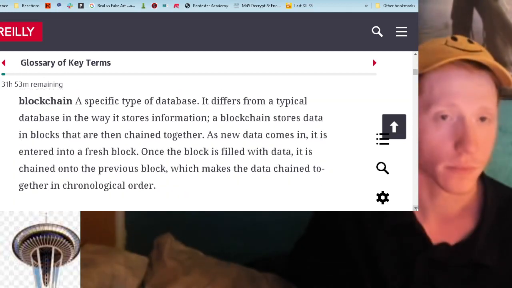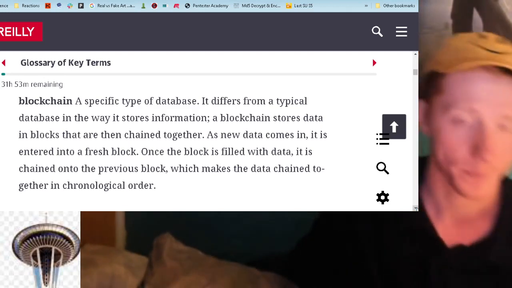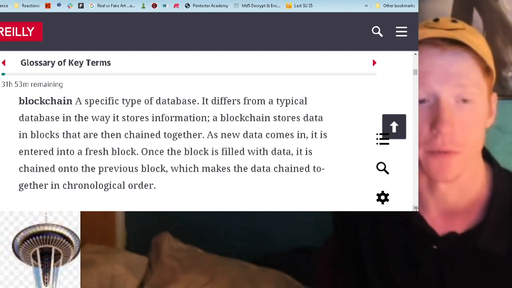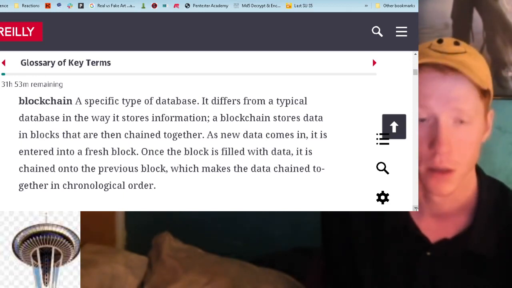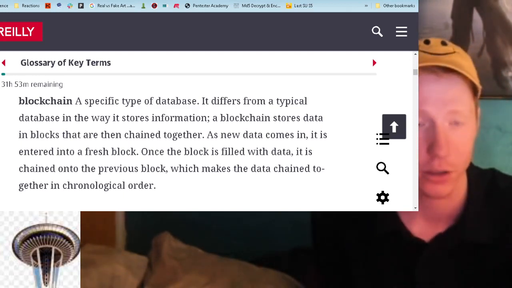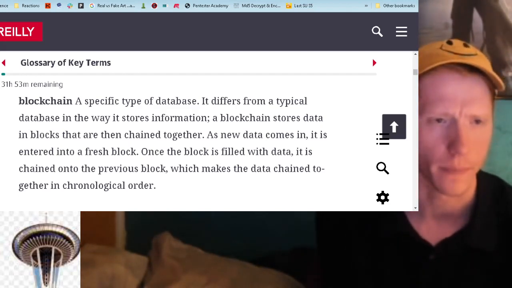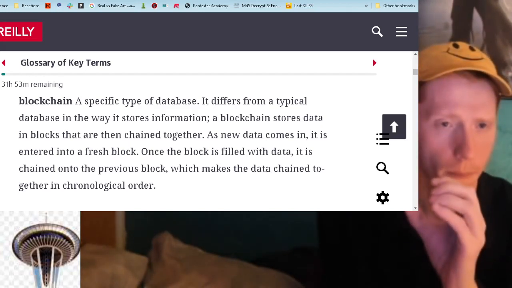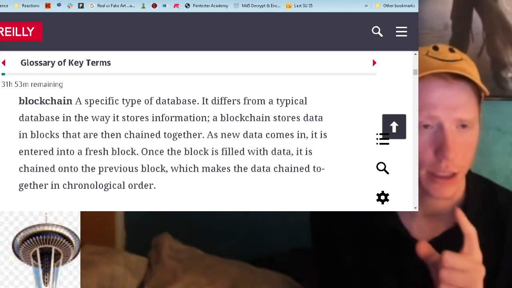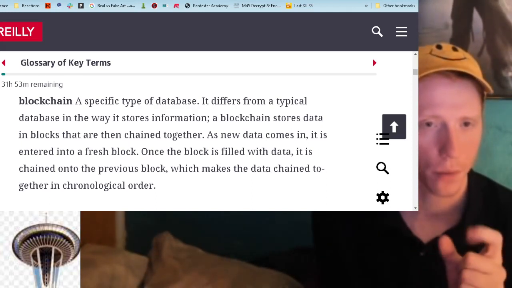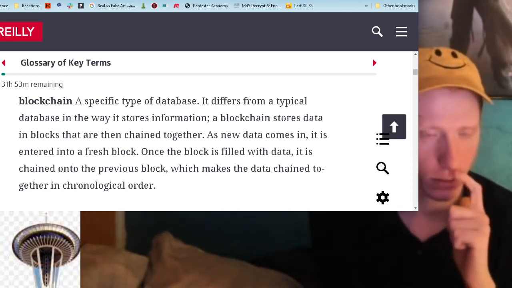A blockchain, which usually gets brought up in cryptocurrency, is a specific type of database. It differs from a typical database in the way it stores information. A blockchain stores data in blocks that are chained together. As new data comes in, it's entered in a fresh block, and once the block is filled, it's chained onto the previous block, which makes it chained together in chronological order.